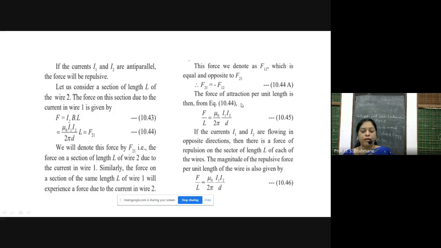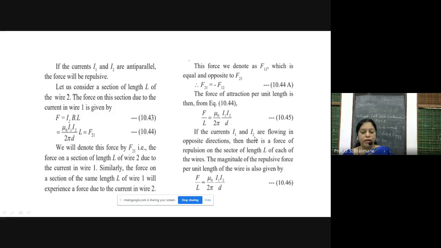Now the force of attraction per unit length is given by F upon L, and since the two forces are equal in magnitude, F upon L equals mu 0 upon 2 pi I1 I2 upon d.